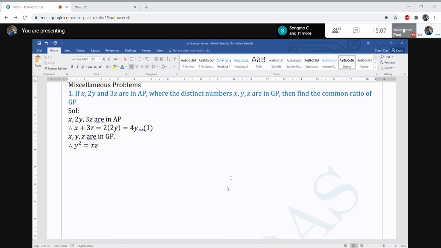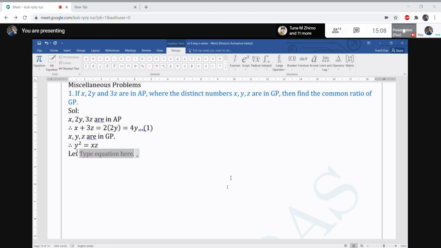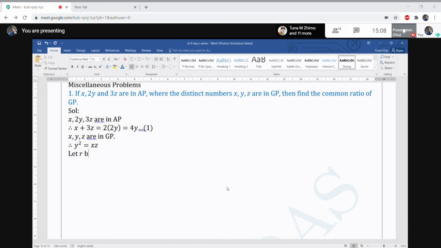Now let small r be the common ratio of the GP. Okay, for the GP, r is the common ratio.